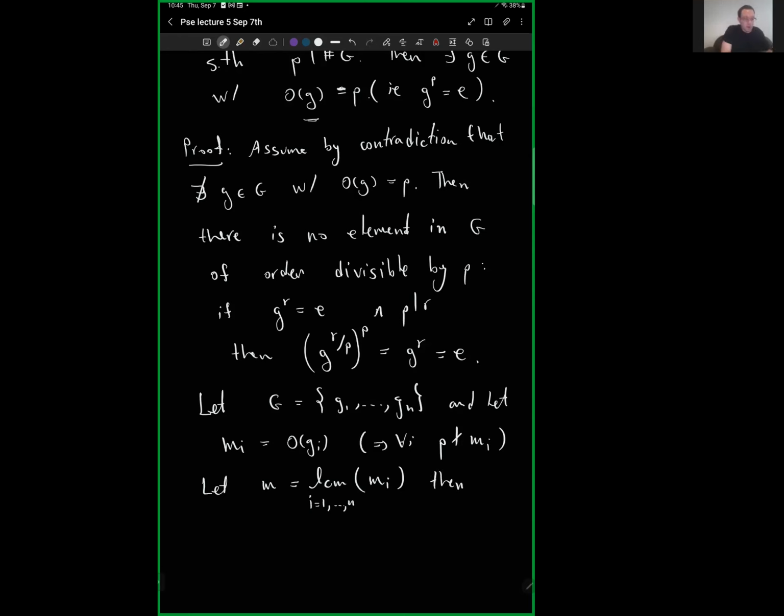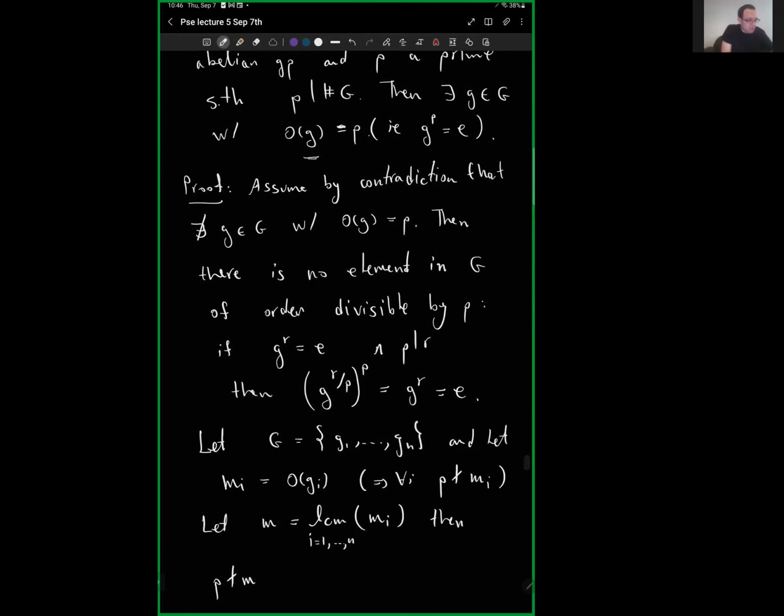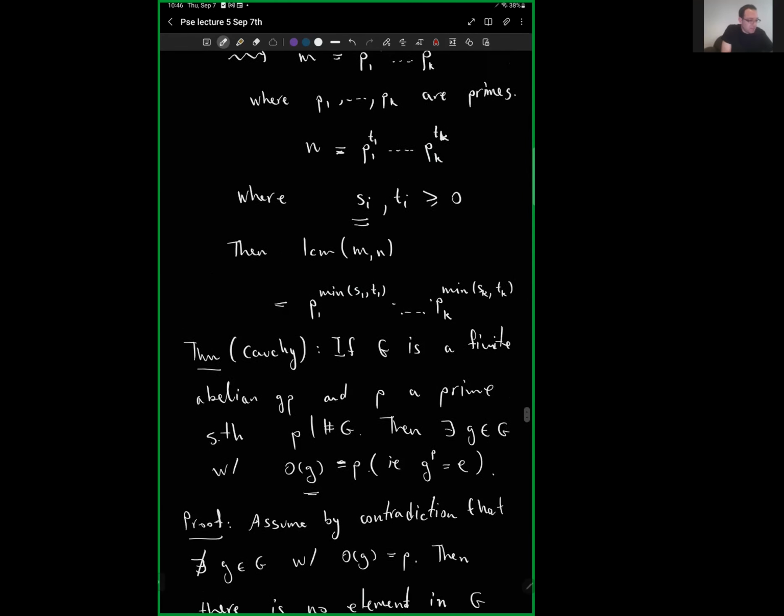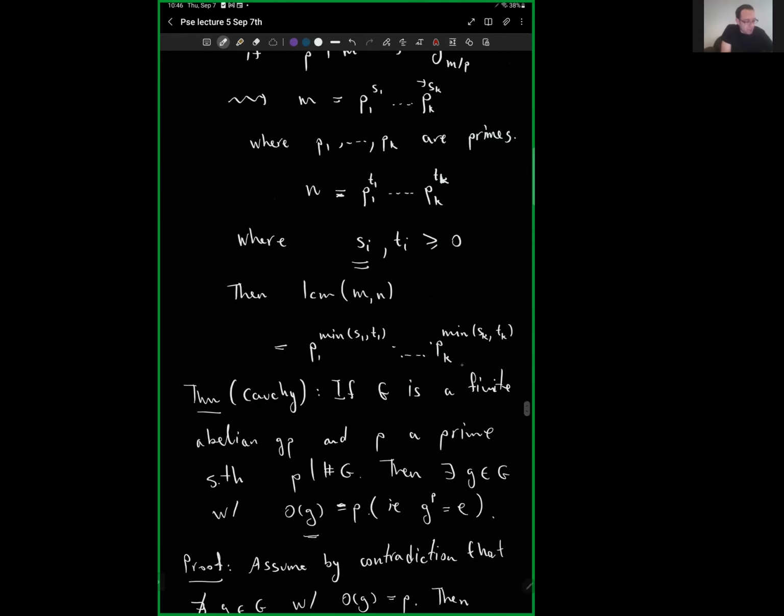Then P cannot divide m, because P does not divide each of the mi's. When you take m, you simply take the maximum power in the prime decomposition, if you look at it in the way we talked before.